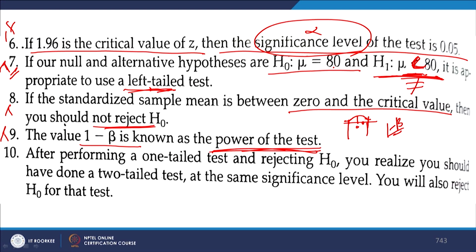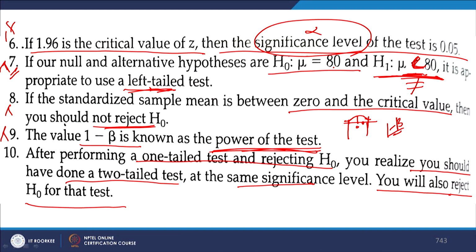After performing a one tail test and rejecting the null hypothesis, you realize you should have done a two tail test at the same significance level. You will also reject the null hypothesis for that test. Keep in mind, you wanted a two tail test, but you just used a one tail test.